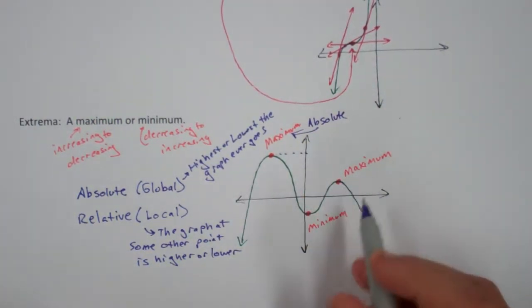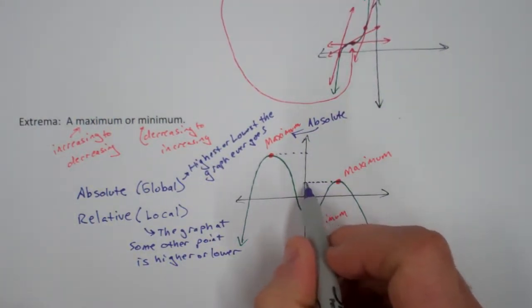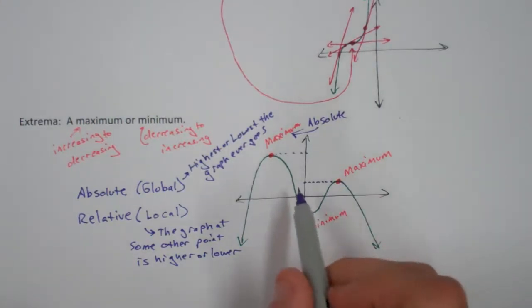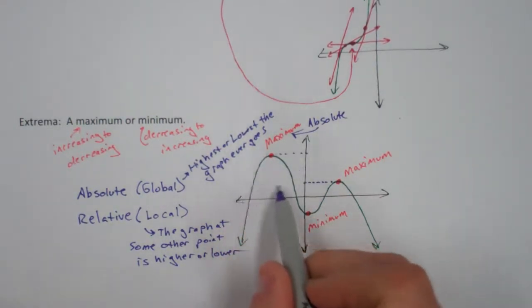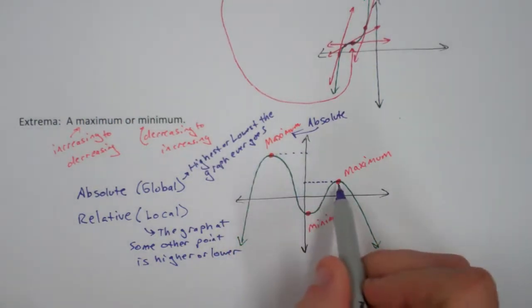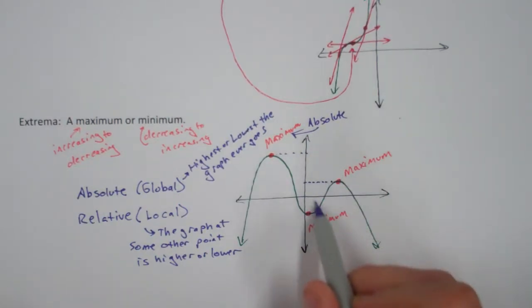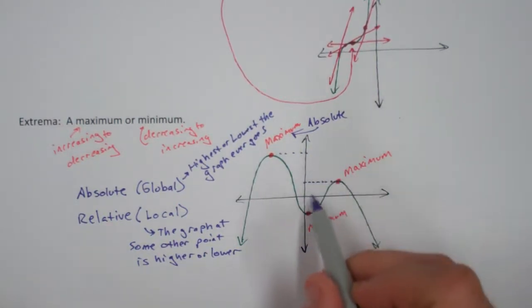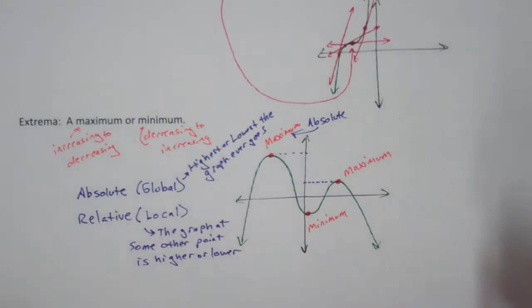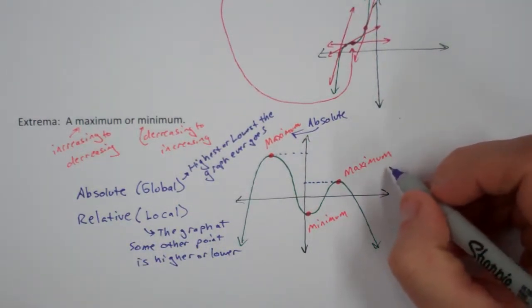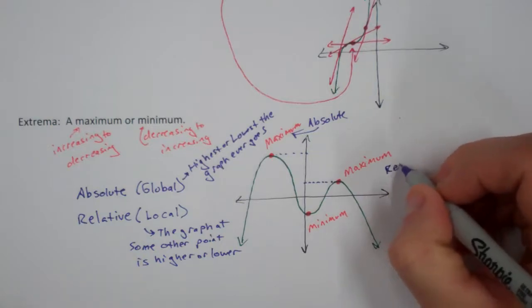This maximum, on the other hand, its y value is here. And you'll notice that for all of these points right here, they all have y values that are bigger than this maximum. So this is only a maximum relative to this area of the graph or to this local area, which is why it's called a relative or a local maximum. So we could write relative here.